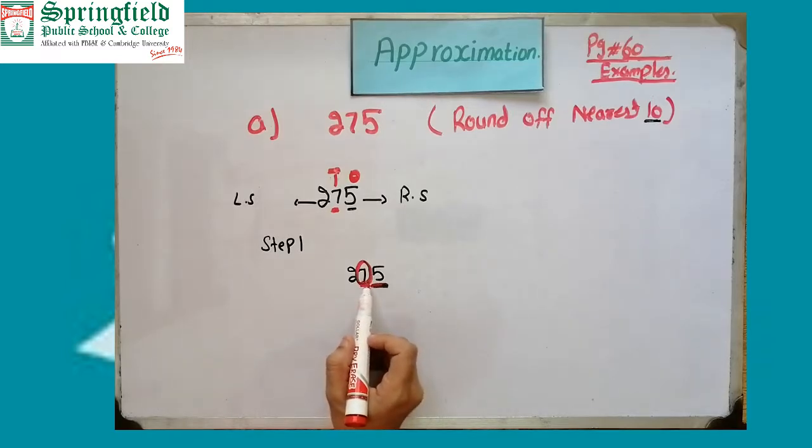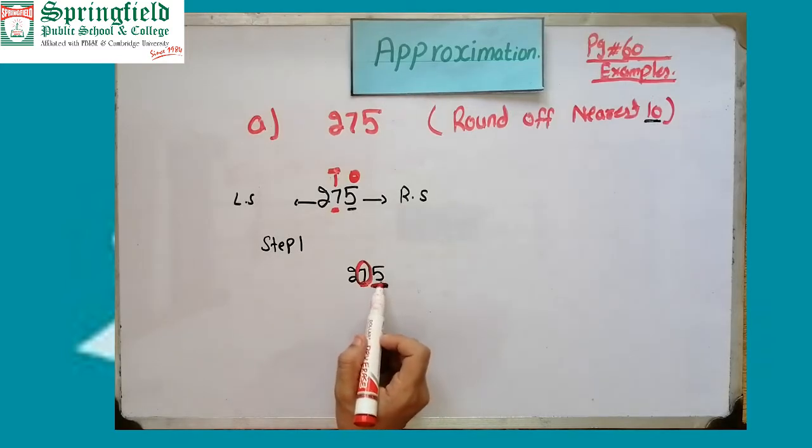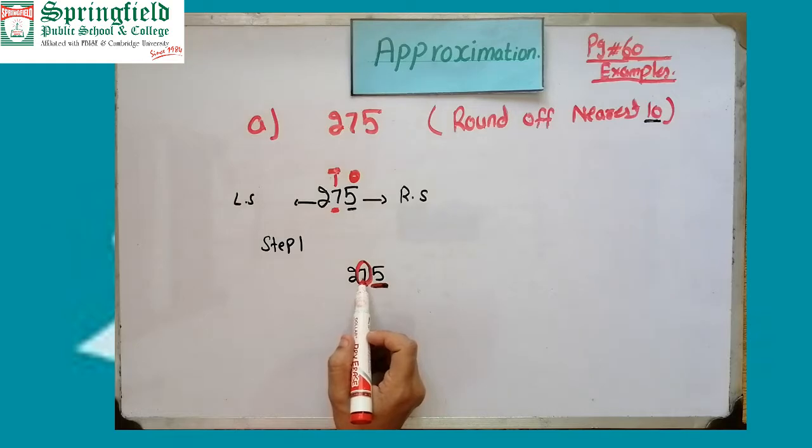Keep in mind, when the digit after the circle is equal to 5 or greater than 5, we add 1 to the circled digit.